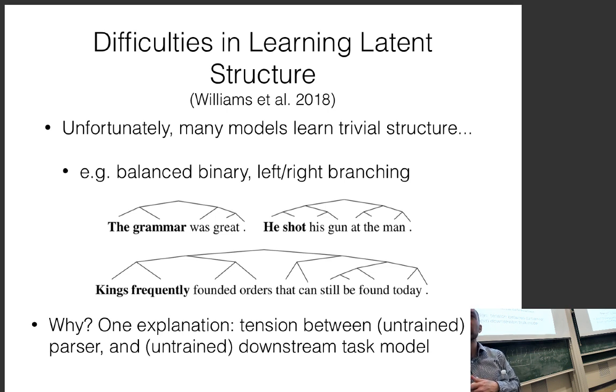And LSTMs don't work. They don't generalize. The latent tree learning methods also don't work because they don't learn the correct structure. So I think it's interesting because you can see there are data sets where the structure is useful and we're just not being able to learn it. So it's a good challenge problem if you're interested in learning algorithms for this.